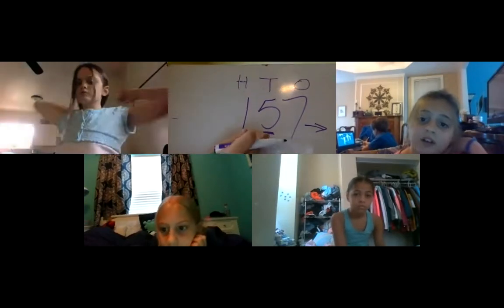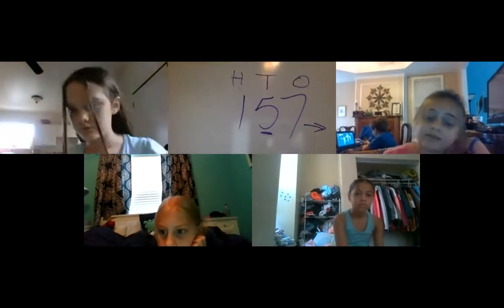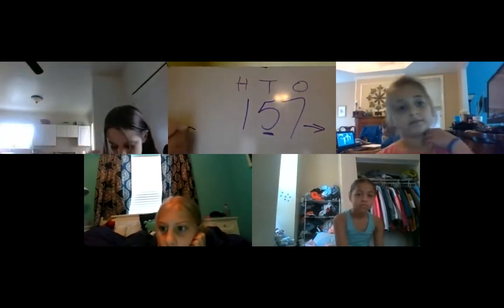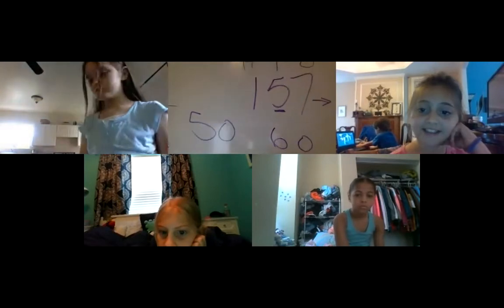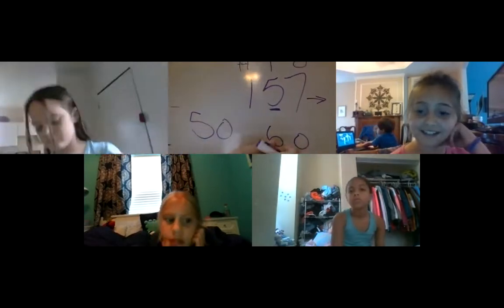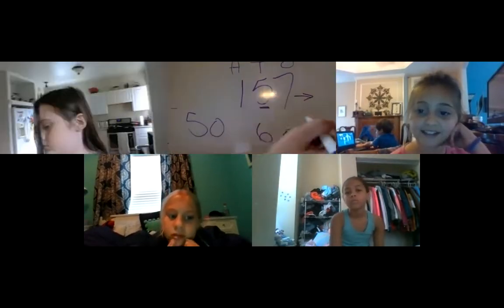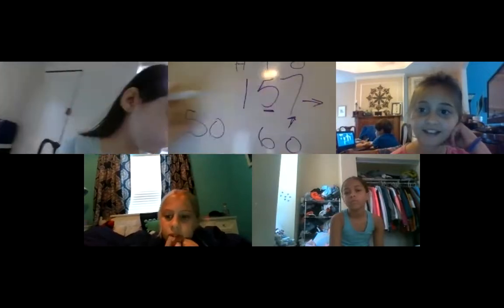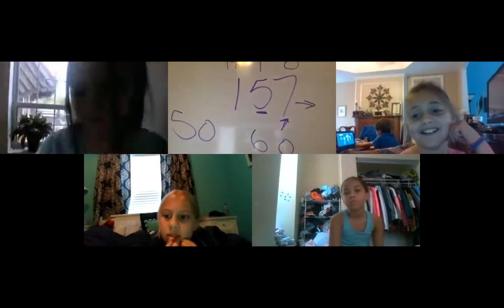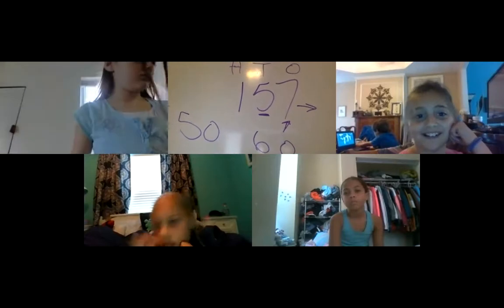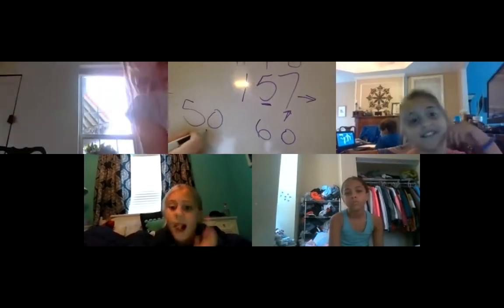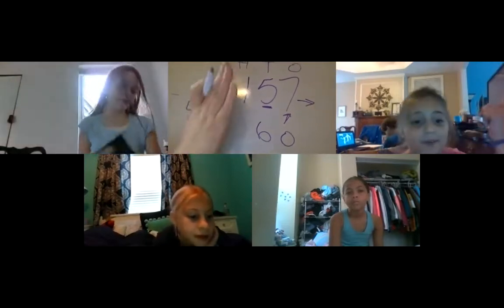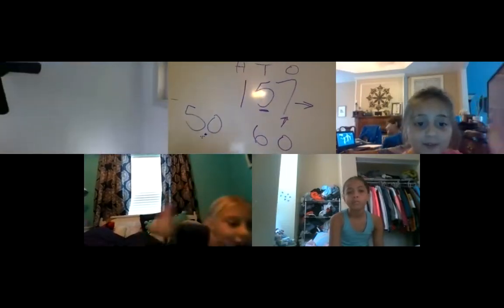So 157 is between what two tens? It's between 150 and 160. So we need to determine, is 157 closer to 150 or 160? And we do that by looking at the units place. So remember our rhyme? 1 through 4, we stay on the floor we're on. 5 through 9, we climb the vine and we round up.